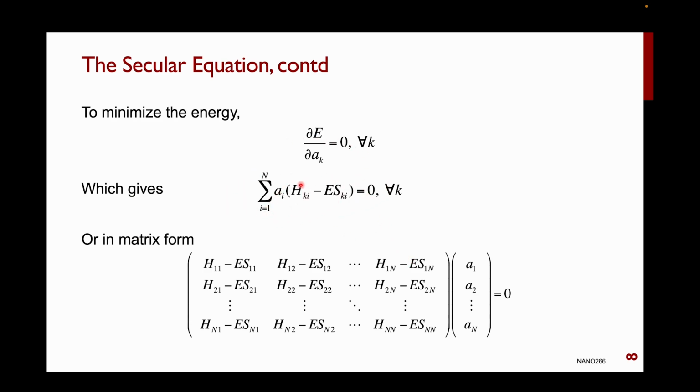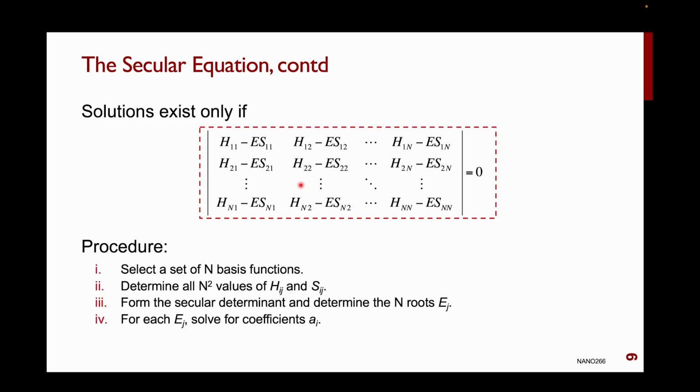Now to solve this matrix equation, what we need is to find the eigenvalues. This matrix equation only has a non-trivial solution if the determinant of this is equal to 0, right, from your linear algebra. So that's basically what we do.